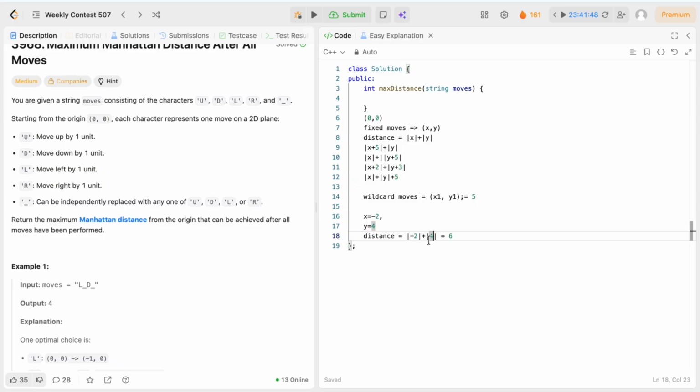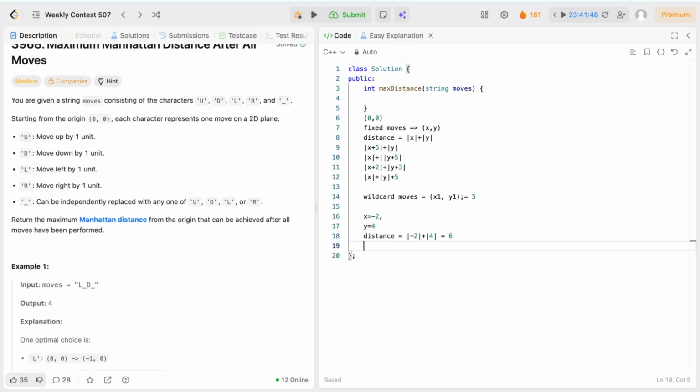So understand this. -2 is because we have moved left twice. So what are wildcard moves? Wildcard moves are the number of positions where I can add U, D, L, or R. So if from left I am getting a negative value, I can get 5 left moves. I can replace underscore with 5 L's.